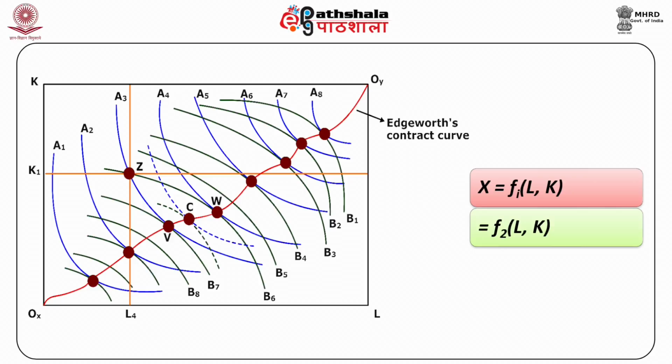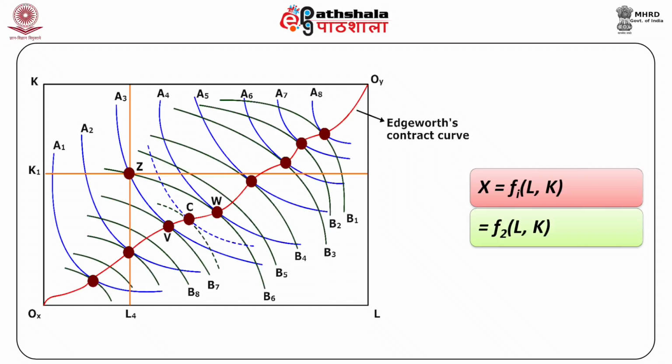Let us consider the dotted lines at point C. This again shows us that in between V and W there could be another set of isoquants, and if these isoquants are tangential at C, then C is also a point of optimization. What are we noticing?